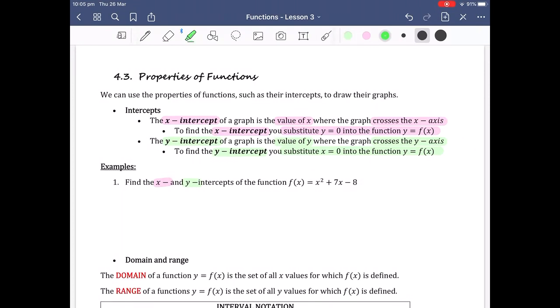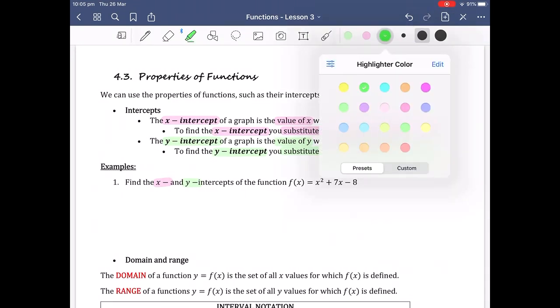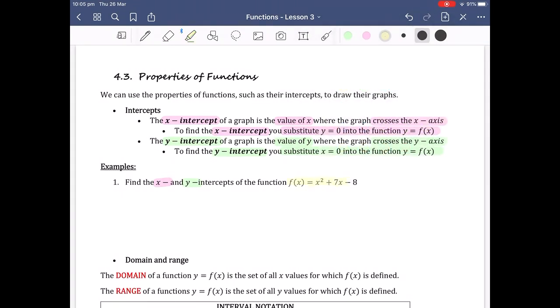For our first example, what we need to do is find the x and the y-intercepts of the function that we have been given, which in our case is f(x) equals x squared plus 7x minus 8. It's actually easier to find the y-intercept first, so we're going to do that. For the y-intercept, we let x equal 0.